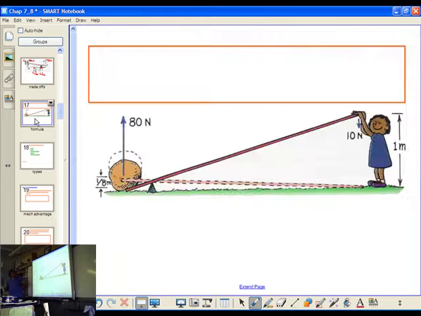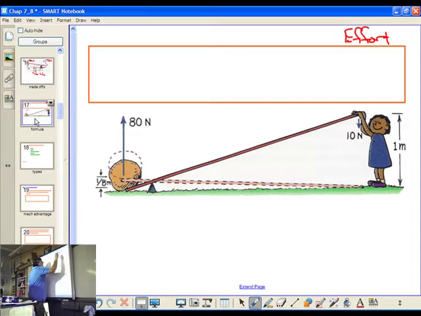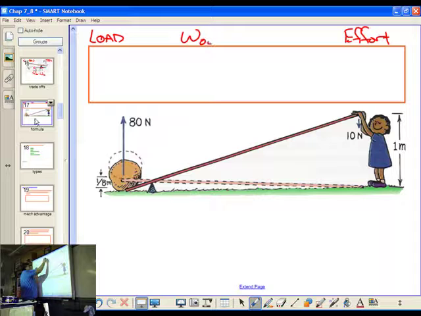So if we're going to put some numbers to this, over here we have our effort side, then we have our load side. We want to say, does our out actually equal our in? Well, let's see.